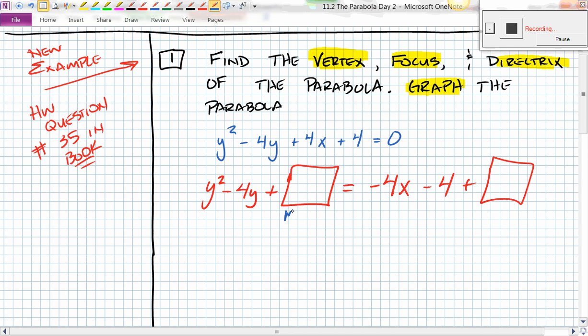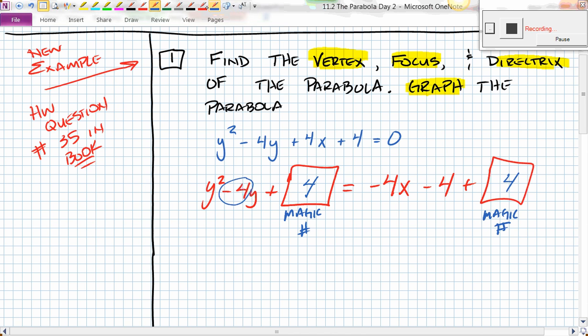So remember, this is our magic number here. And we're going to add it to both sides. Okay, who remembers what it is and how do you get it? Daniela? It's 4. How'd you get it? Yeah, you take a look at the b coefficient, right? Negative 4, half of negative 4 is negative 2, and you square that, so you get 4 there. So whatever you add to one side, you got to add to the other side.